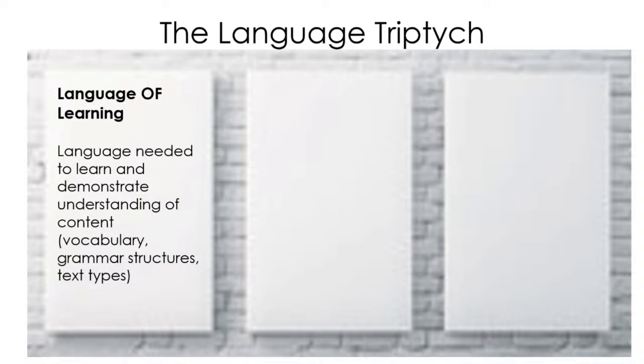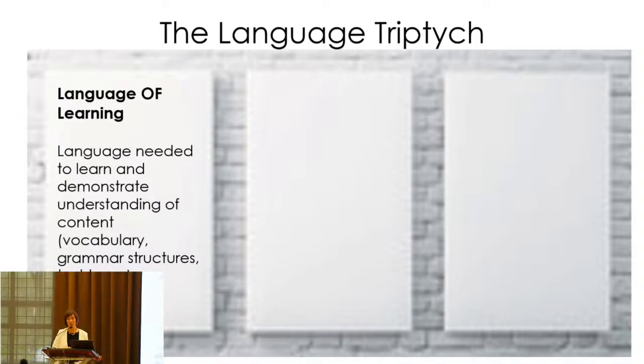Mainly it's your vocabulary, your key terminology. But it's also about grammar structures. Because, for example, science students may need to use passive structures. Science students, when they write a lab report, they need to use imperative structures. So it's about grammar structures.